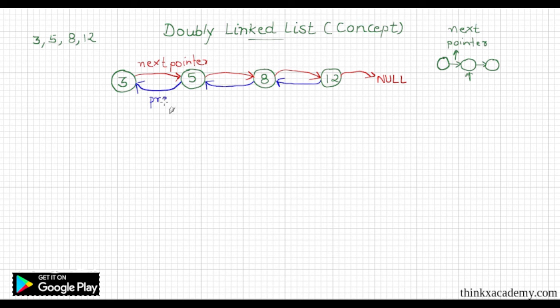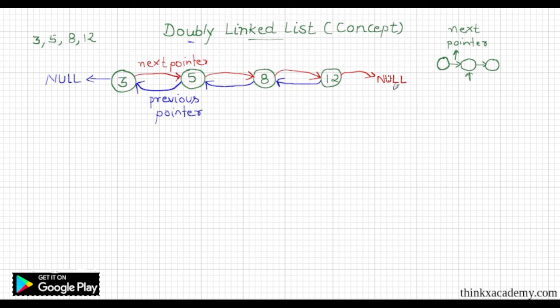Since we are using two pointers, that's the main reason why it is known as a doubly linked list. And as usual, since the last next pointer points to null, our first previous pointer will also point to a null value.